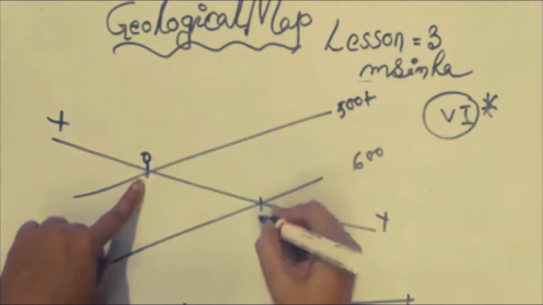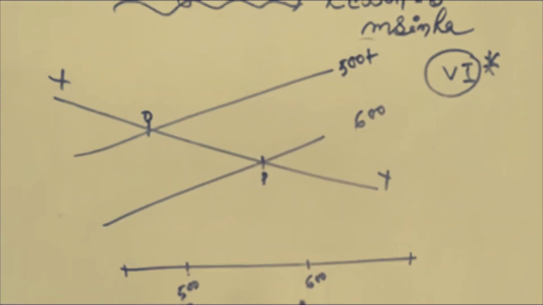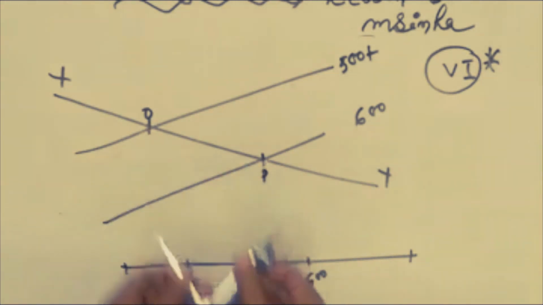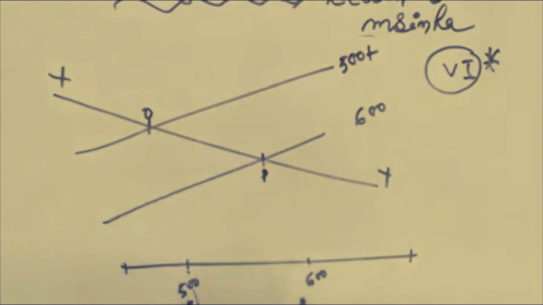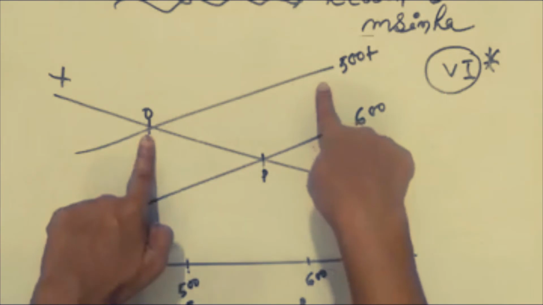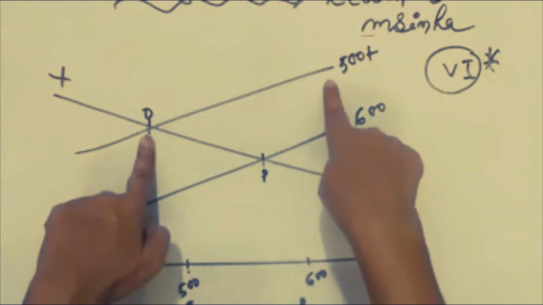Suppose this is O and P. Taking this distance with the help of the compass, put O here, put P here, and this is the value of 500 feet. Through this linear distance, the value is uniformly distributed.